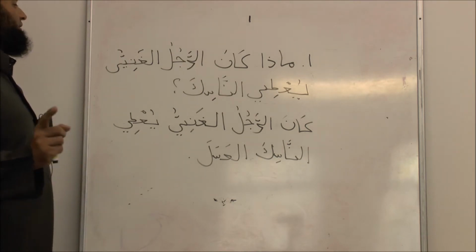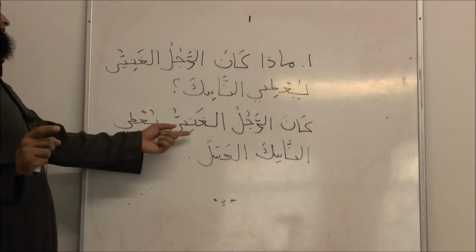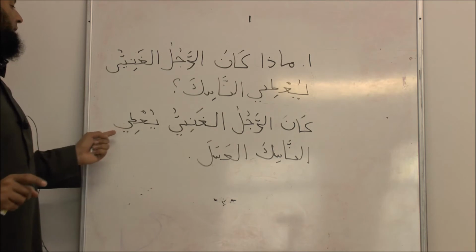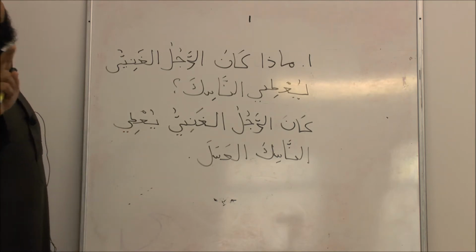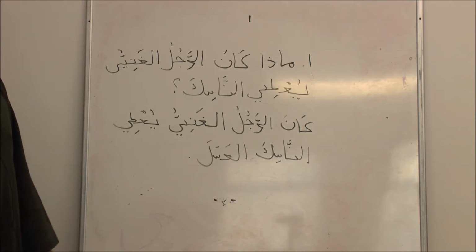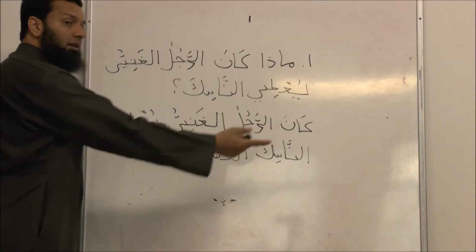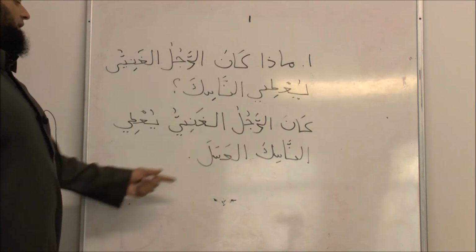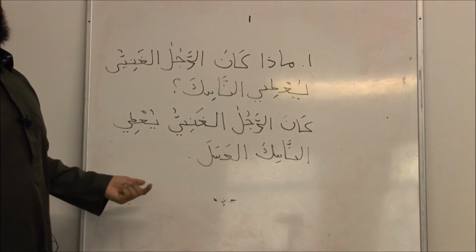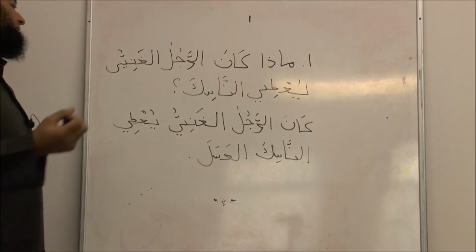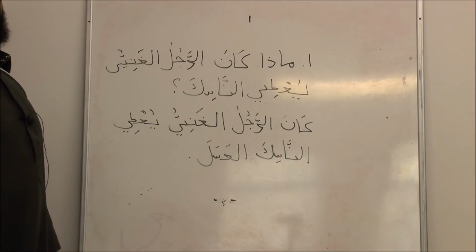Now what's interesting about this verb يعطي is it takes two objects. The first object is الناسك, and the second is العسل. So both of them have to be mansub.